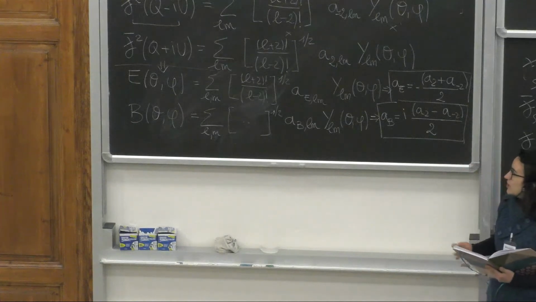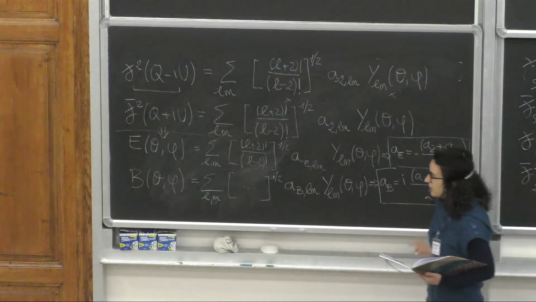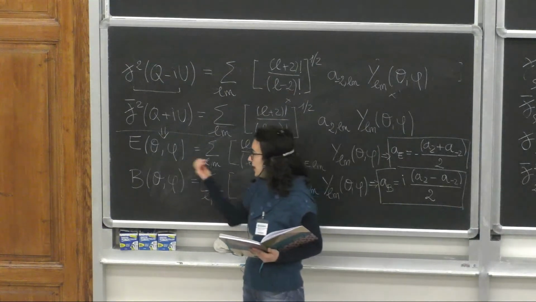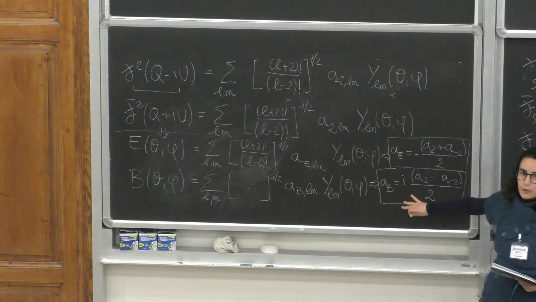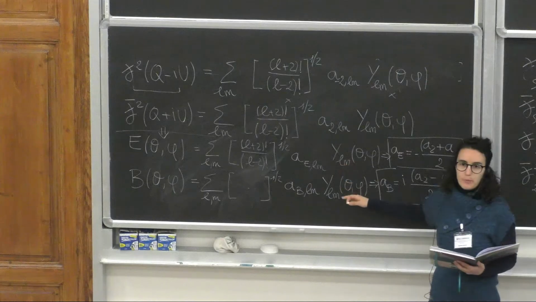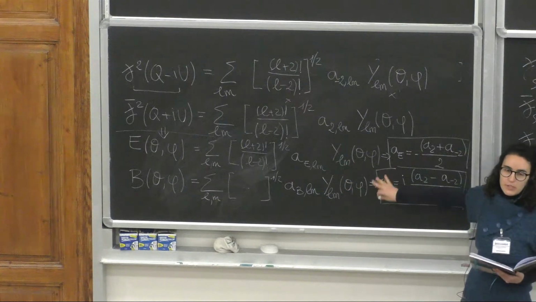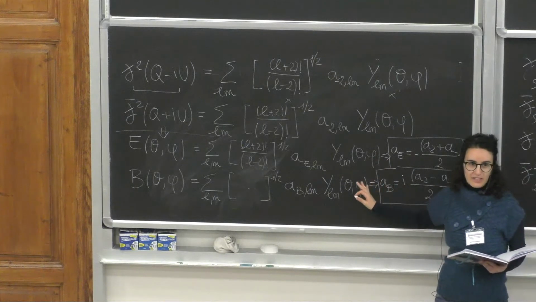Then just a note on the fact that we identify these two scalars that we use for describing the polarized CMB as E and B. Why do we use the same expressions that we use for electric and magnetic field?